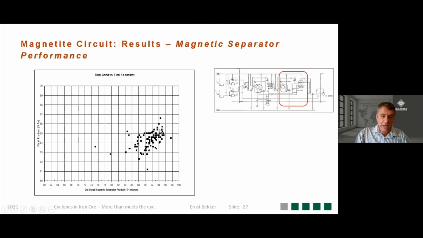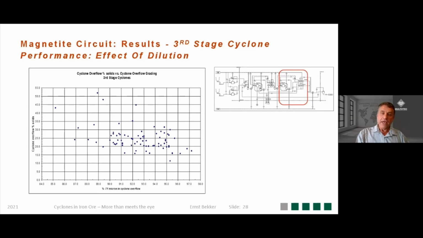It's better liberation. But it looks like a wall that sits on this side here. The focus became that the cyclone overflow needs to have a finer fraction, and there was a lot of focus on the cyclone. One of the things with hydrocyclones is that you need to add water to improve the separation efficiency and make the cut point finer.